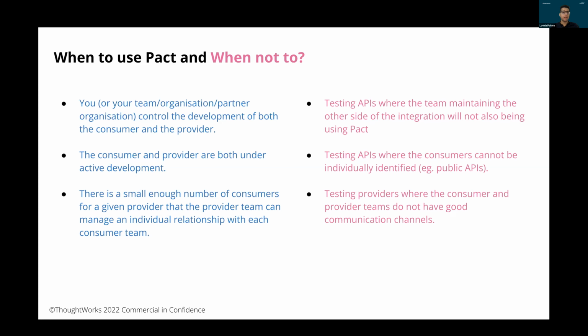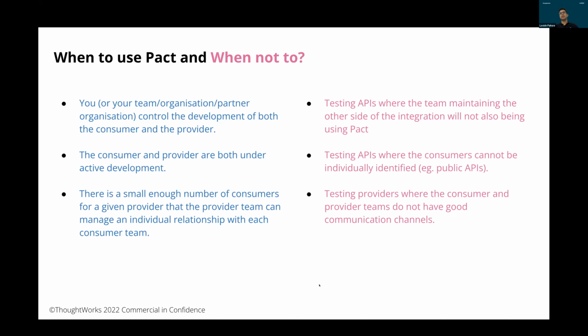The consumer and provider are both under active development. So you are a consumer, but the provider service whose API you are consuming is on a pause state. None of the teams is actively working on that service. Then it's very hard if you put in some requirement and expect them to fulfill it, right? So both services should be in active development. There should also be a small enough group of consumers for a given provider.